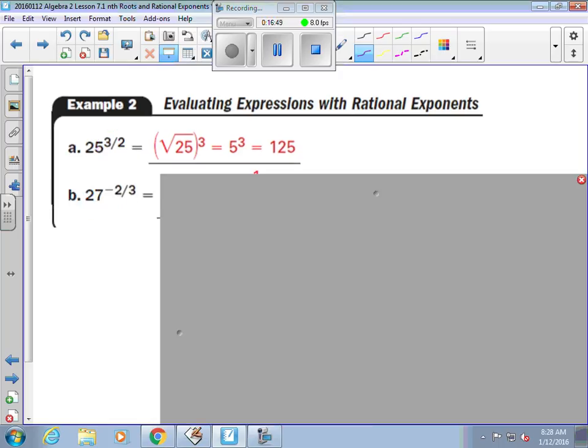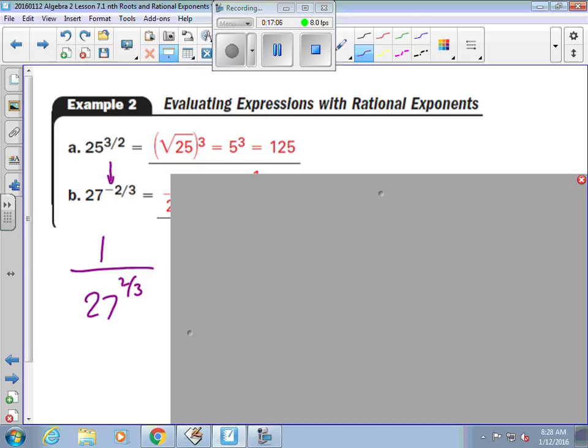The second one is 27 to the negative 2/3 power. Again, the negative goes first. This makes it ride the elevator. So it becomes 1 over 27 to the 2/3. Now you do it like that: 1 over the radical, the radicand 27 goes under the radical.